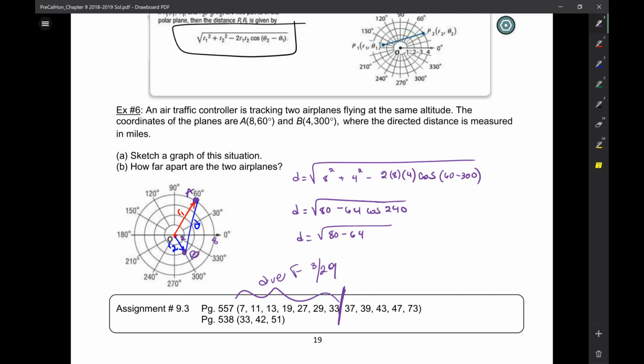This is a 60-degree angle. So suppose this is on a non-calculator section. This is a 60-degree reference angle, correct? What's cosine of 60? 1/2? But if it's 240, where does 240 sit? On the left side, so that's negative.